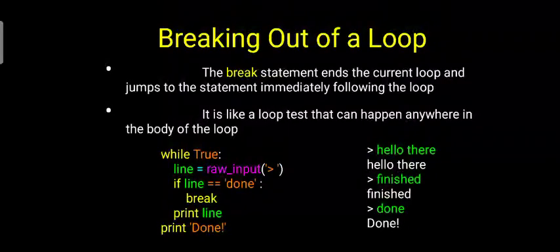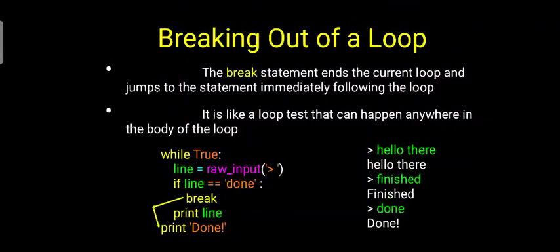Here in this example, we take input from the user. On the basis of input, if the input of the user is done, then only the loop is terminated, else the loop is repeated a number of times. See, the break statement moves the control of the loop to the last line, print done, that is outside the loop.